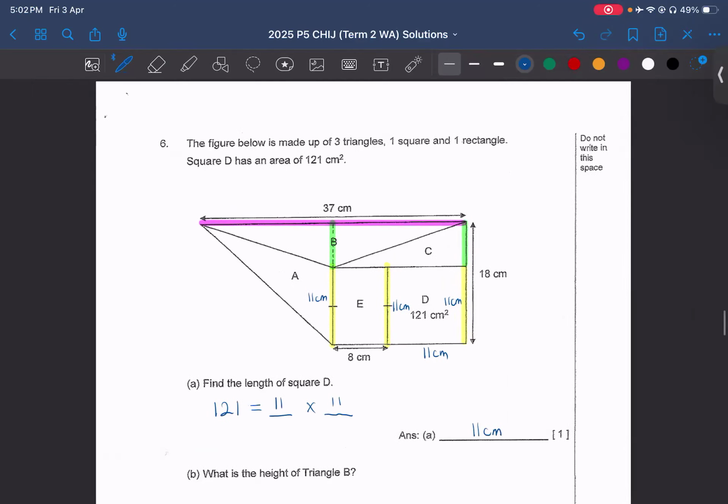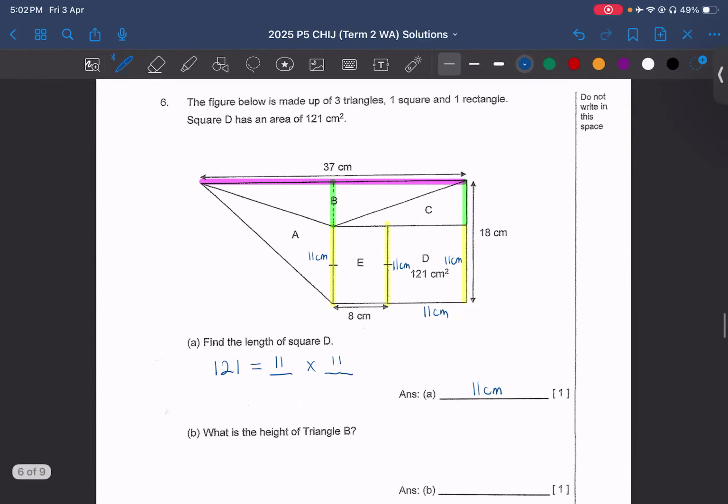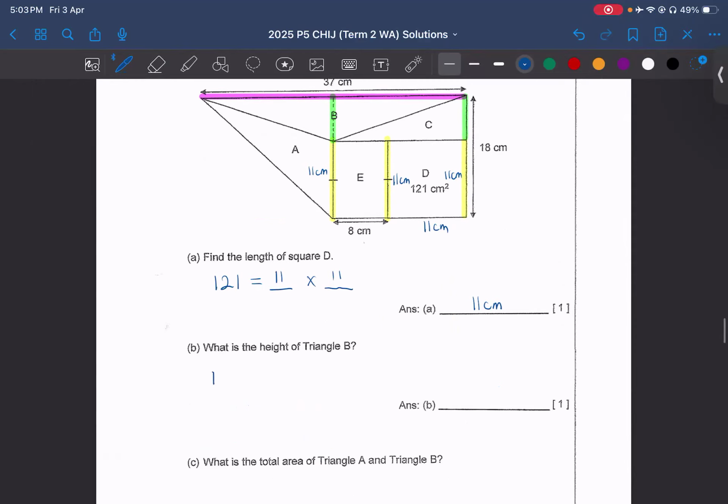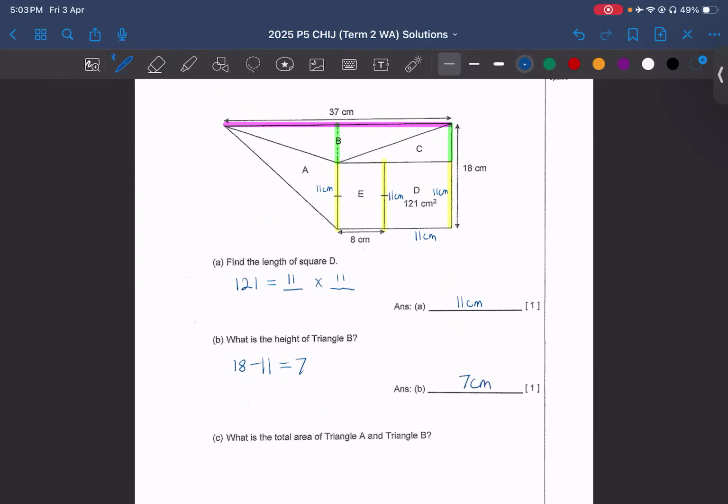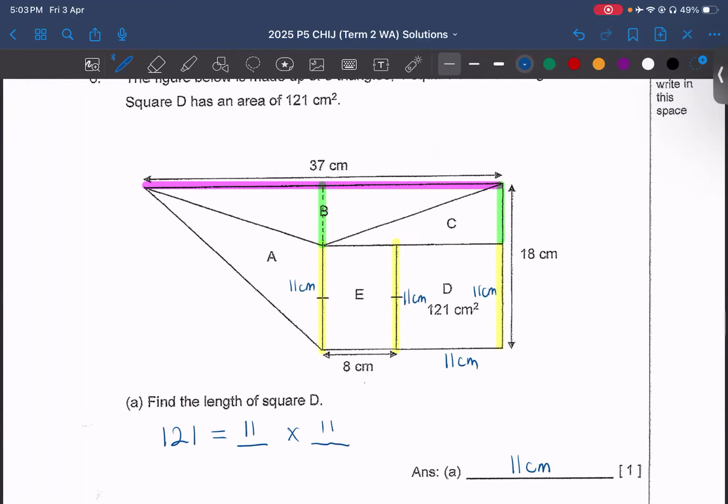Okay, so in order to find the green portion, which is the height of my triangle B, would be just to take the total length of the yellow plus green portion, which is 18 centimeters, minus away the yellow portion. So 18 minus 11 equals 7. So the height of triangle B is 7 centimeters. Okay, I'm going to fill this in the diagram as well. 7 centimeters for the height of triangle B.